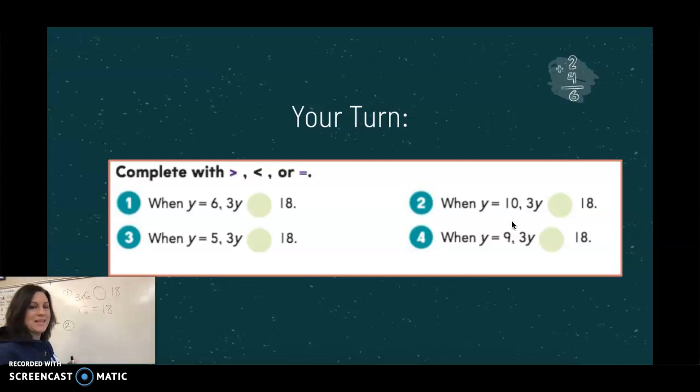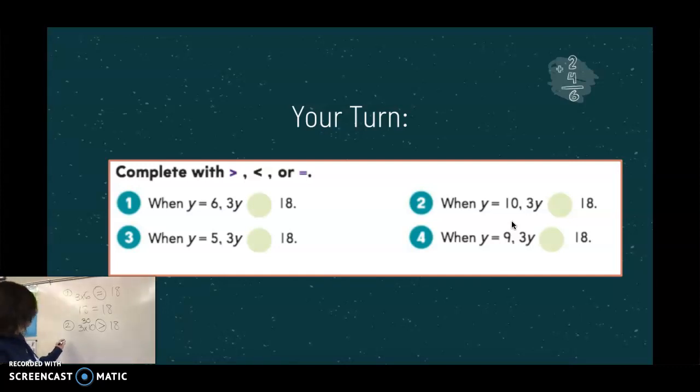When y is 10, so you've got 3 times 10, and then you've got, what is it? Oh, we got to put it there. To 18. Well, 3 times 10 is 30. So 30 is actually greater than 18.